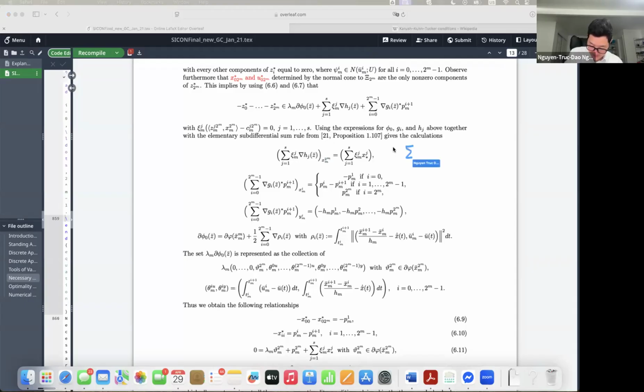The sum, c_j^m, gradient of h_j at z bar, j equals 1 to S. Okay, so now what about the gradient of h_j?